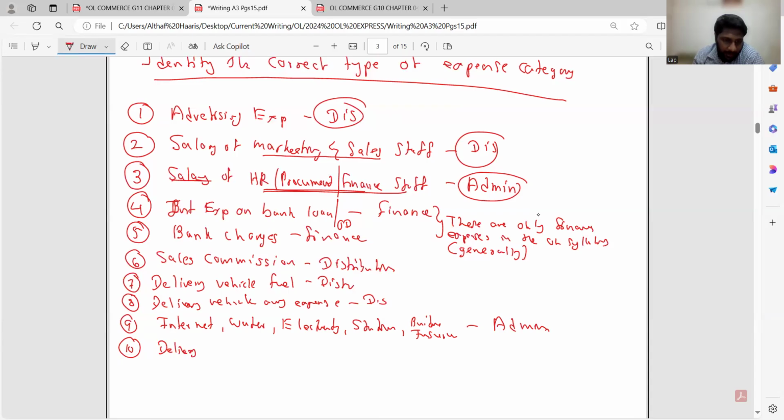Delivery charges paid to a delivery partner. This is what we call carriage outward. Distribution.